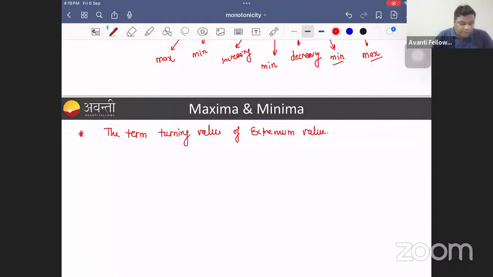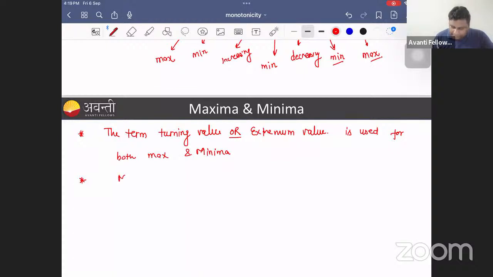So turning value or extremum value is used for both maxima and minima. Am I clear? The term turning value or extremum value is used for both maxima and minima. Got it?